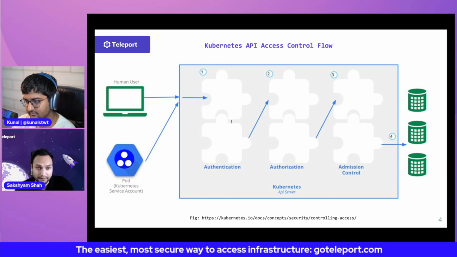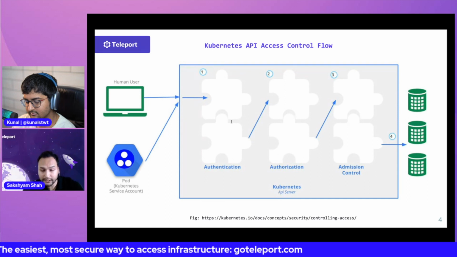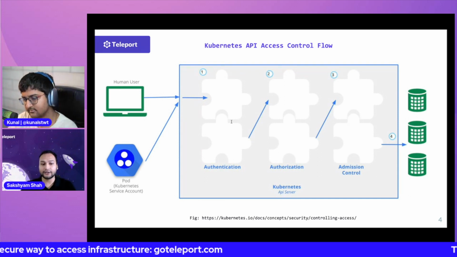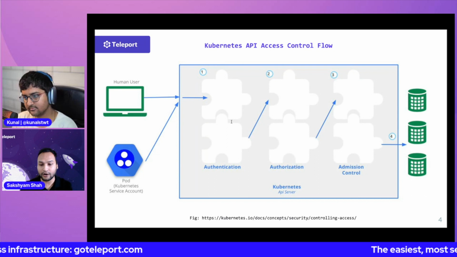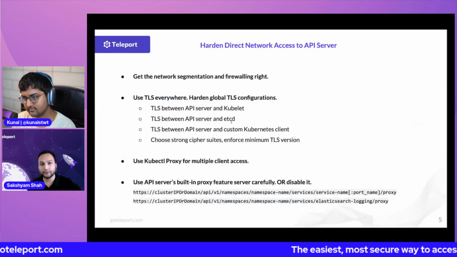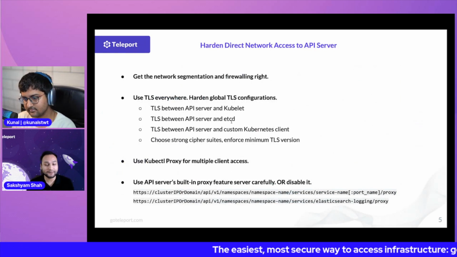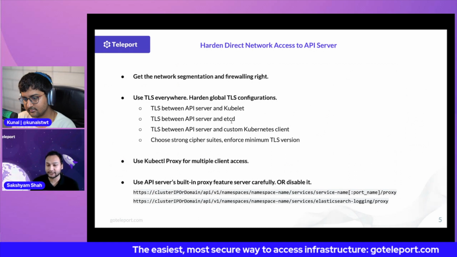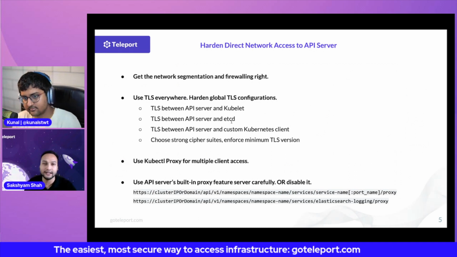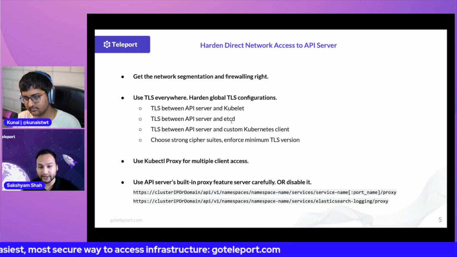So you also have to think about the connectivity. These are the things you have to think about for access control overall. Starting with how you can implement best practices, the first thing is to think about how you harden the security of direct network access to the API server itself.